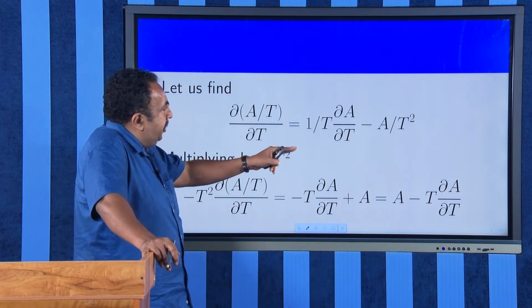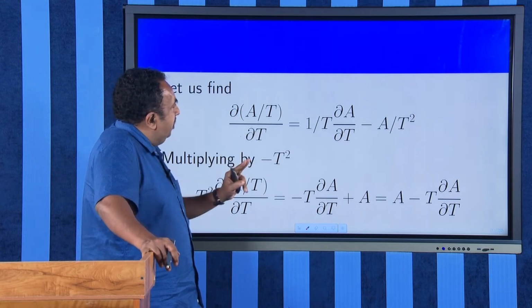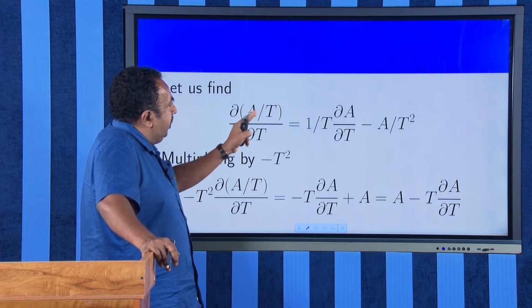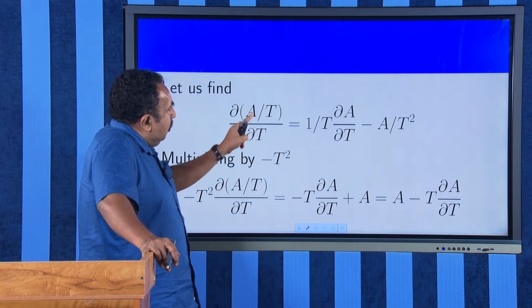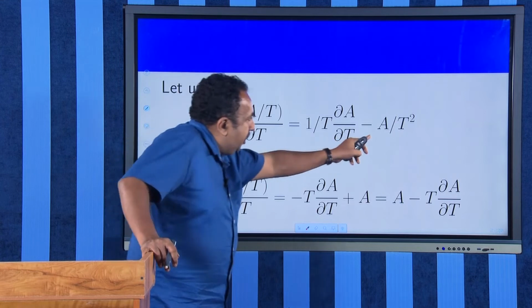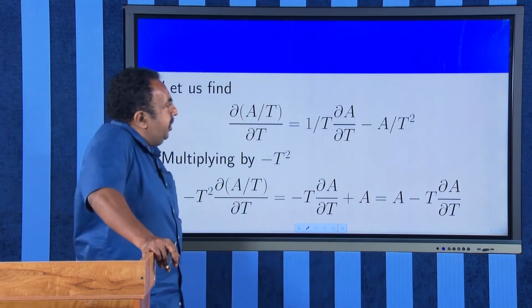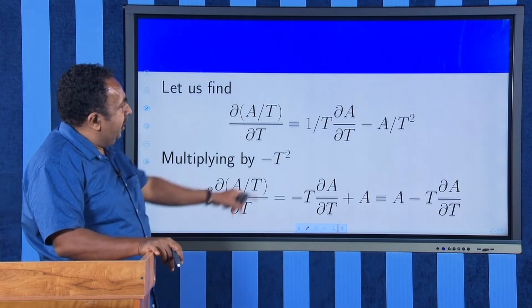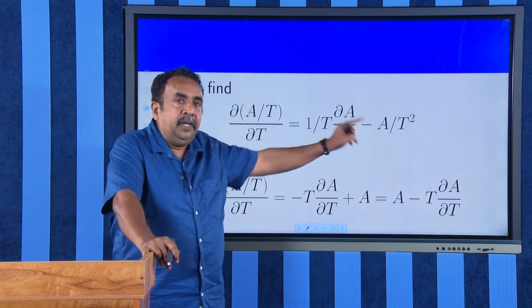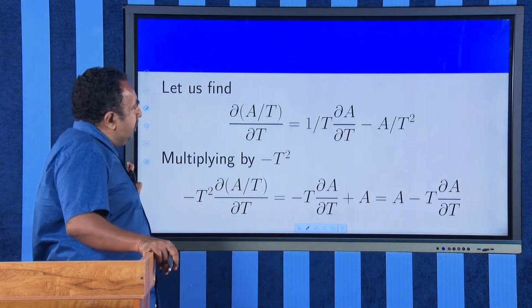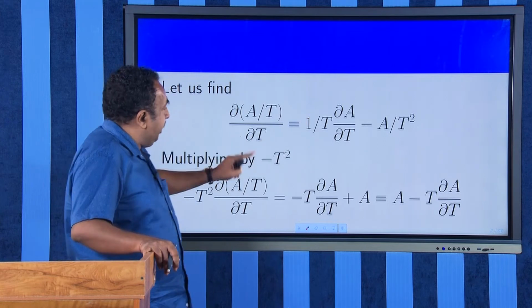then 1 by T dou A by dou T, plus A I will be keeping as constant, and then I will be taking the derivative of 1 by T with respect to T, which I will get as minus A by T square. Now, I will multiply this throughout by minus T square.